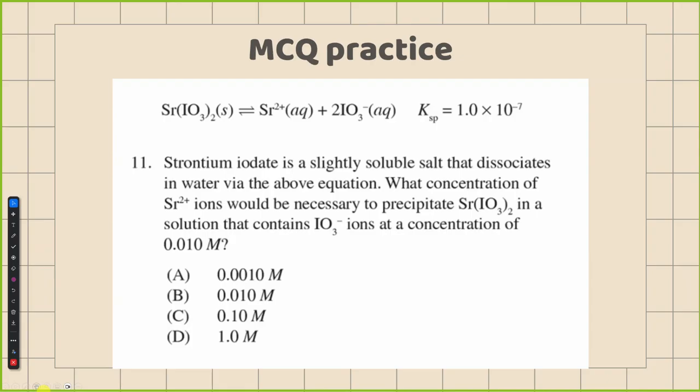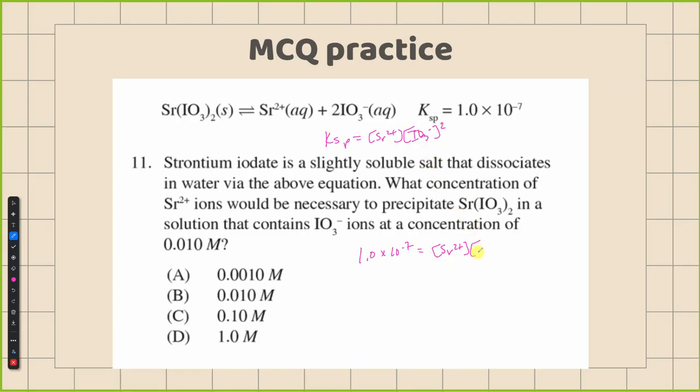Okay. So I feel like you can figure that out from the Ksp. Ksp is going to be the strontium times the iodate squared. So for Ksp, we plug this in, we can figure out the strontium ions.